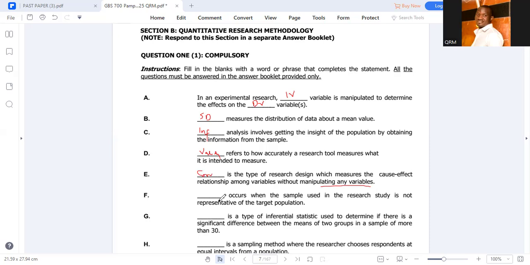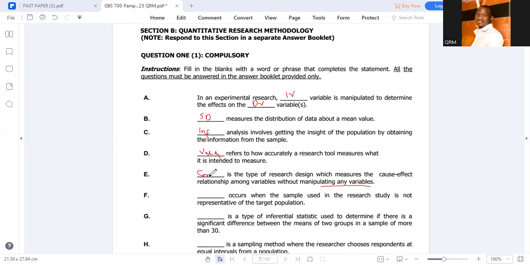Dash occurs when a sample used in a research study is not representative of the target population. What have we said on the type of research design which measures the cause and effect?